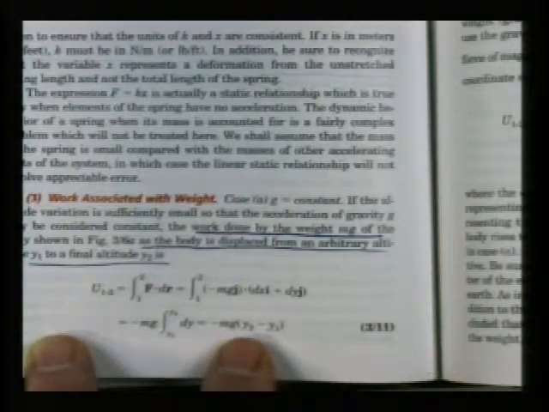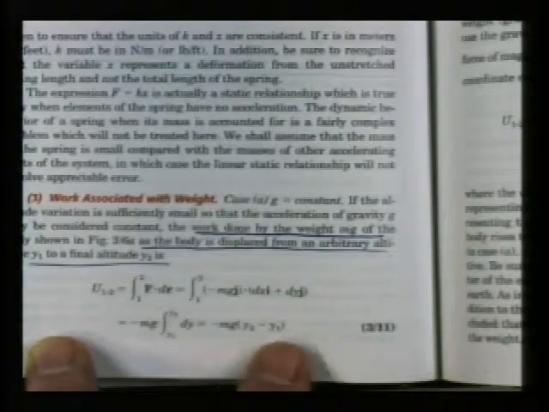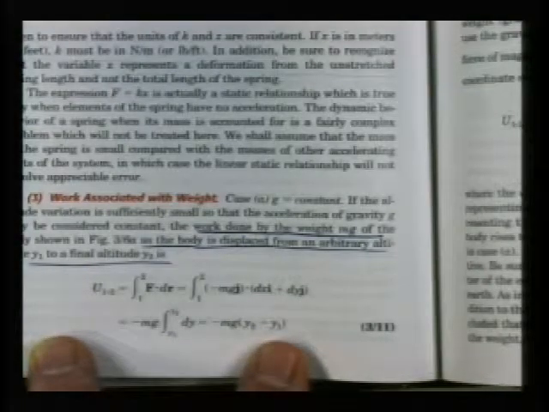Make sure you're clear on that. The work done by the weight as it is displaced actually turns out to be negative if y2 is greater than y1. So it's the work done by the weight. I'll make sure we work a problem today from that perspective.